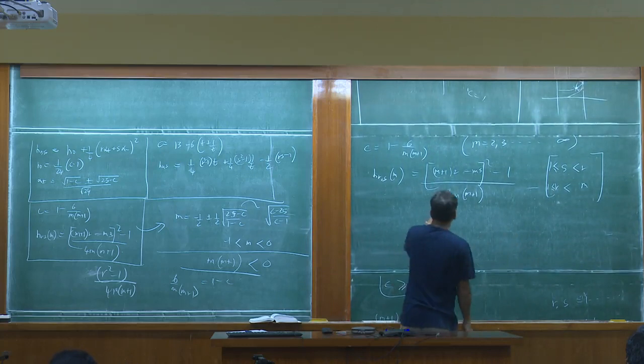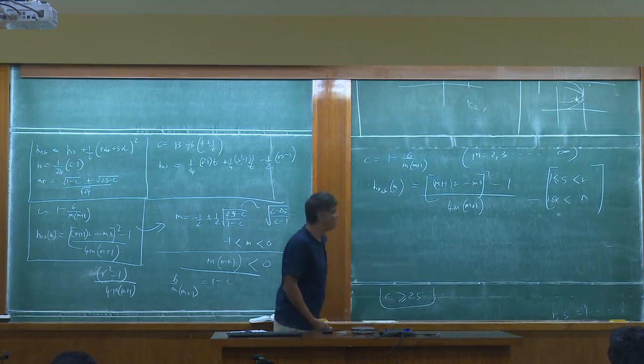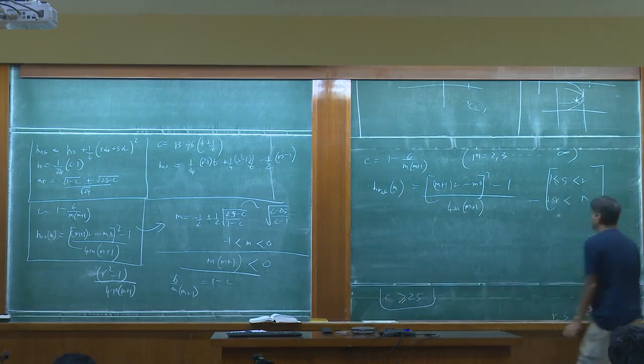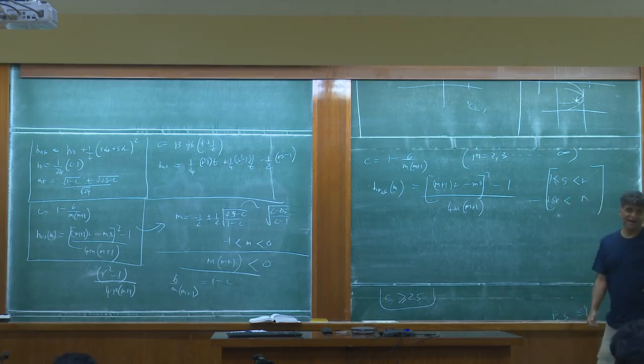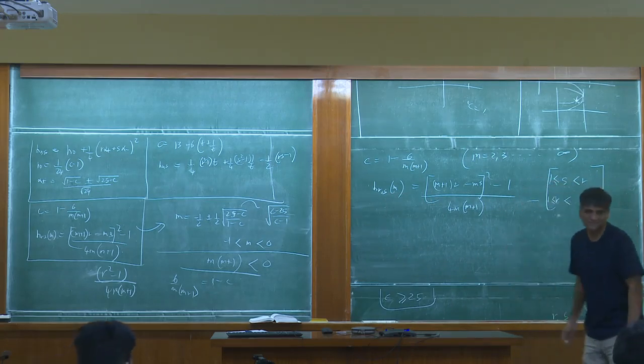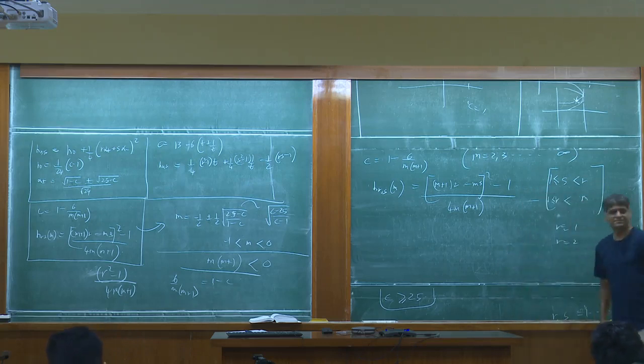Okay. So let's take the case M is equal to 3. When M is equal to 3, what are the possible values of R and S? First, let's look at this. R is limited to range from 1 or 2. So we can have R is equal to 1, R is equal to 2. Those are the allowed values. Now what about S?